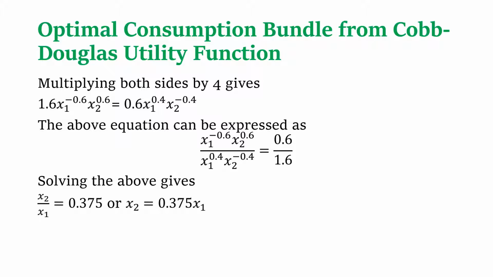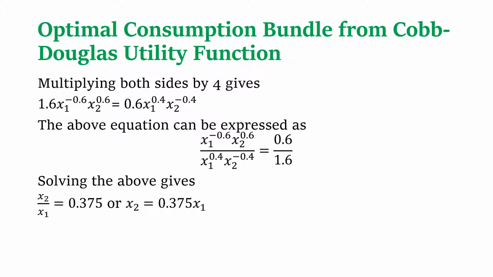Minus 0.6 minus 0.4 is minus 1, so it becomes x to the minus 1. And x to the minus 1 is the same as the reciprocal of x1, that is 1 over x1, right?